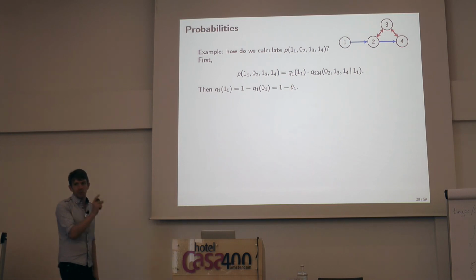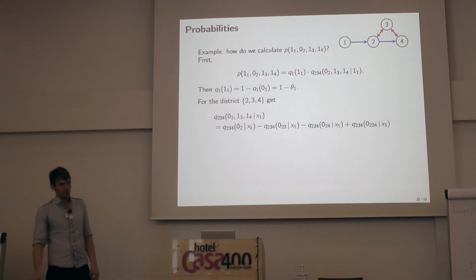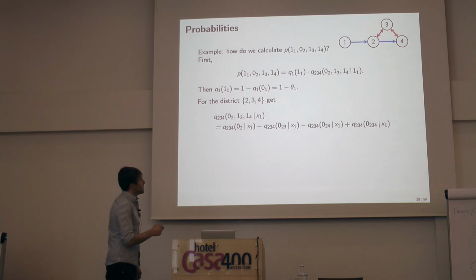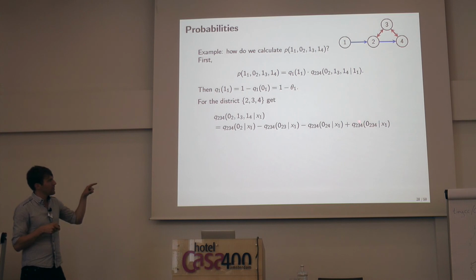So I'm going to do my alternating sum trick. So I'm going to write this as a difference of when x2 is 0, minus when 2 and 3 are 0, minus when 2 and 4 are 0, plus when 2, 3, and 4 are all 0. So now every term in here corresponds to an ancestral subgraph, and everything is 0.